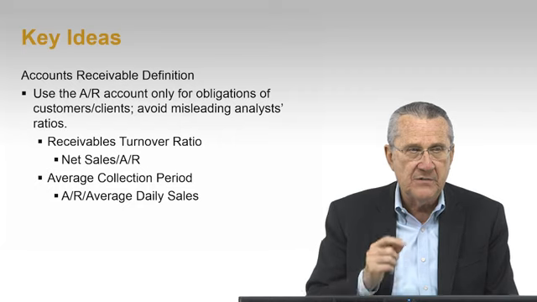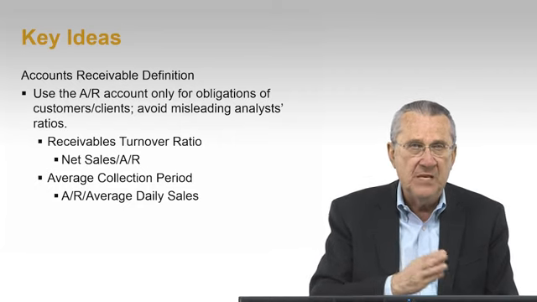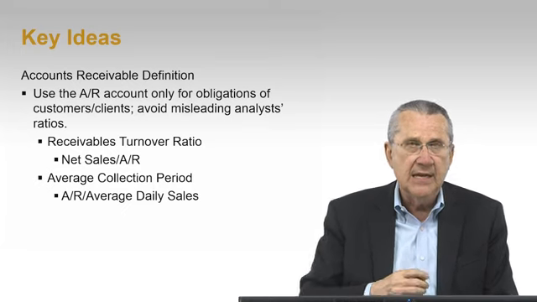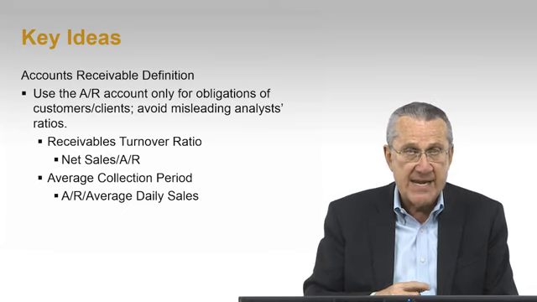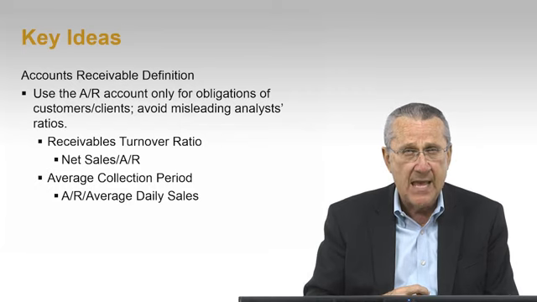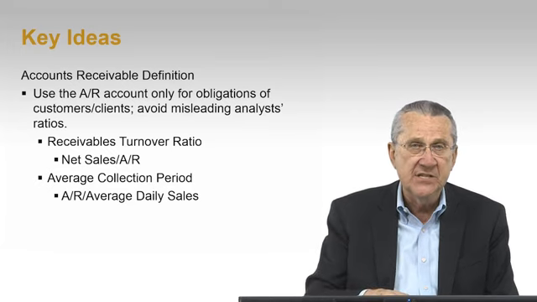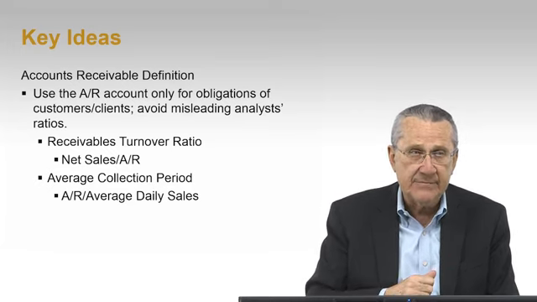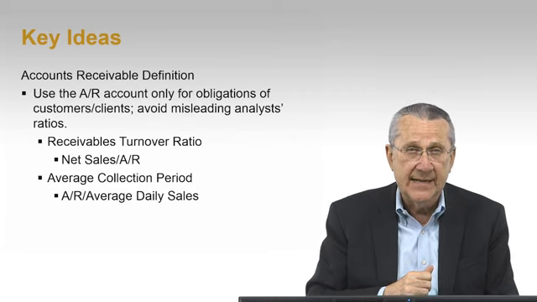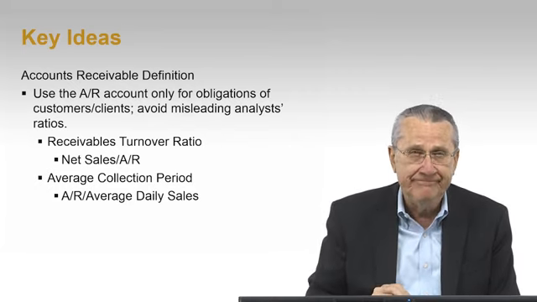If you know that the standard terms that people in your industry give their clients is 30 days for them to pay, and the average collection period for your business is 110 days, that recognizes we see a problem, okay?